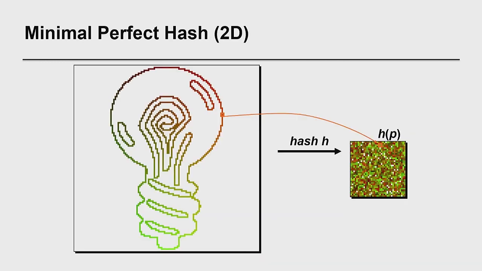The answer is yes, by using a hash function. So if I had a hash function, I can use my hash function directly with one indirection to directly go to my color data. So instead of going through the hierarchy of some volumetric structure, I can use this hash function to directly access my data.